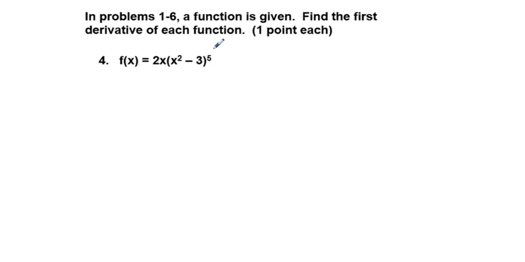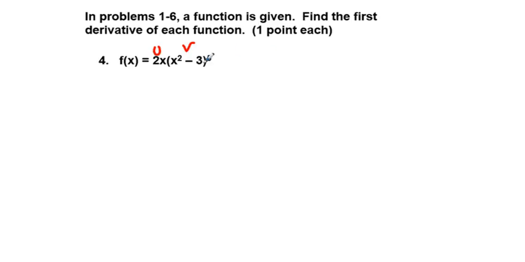So what we'll do is treat this thing here as a product of two functions, and the product of those two functions will be f of x equals 2x, which I'll call u, and g of x equals quantity x squared minus 3 to the 5th power, which I'll call v.